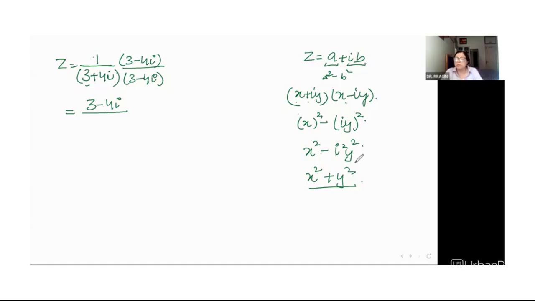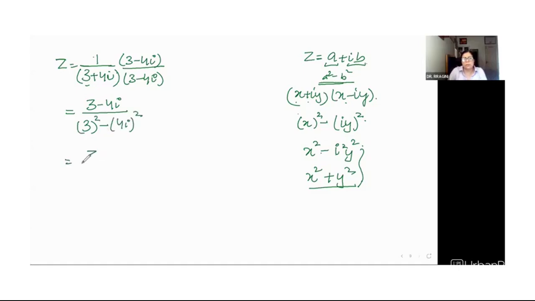We could have used a plus b whole square, a minus b whole square, but in that case, we get two ab terms, which will have iota in them, again in the denominator. But we always use this a square minus b square because by squaring these two terms, the root part or the iota part gets eliminated, right?